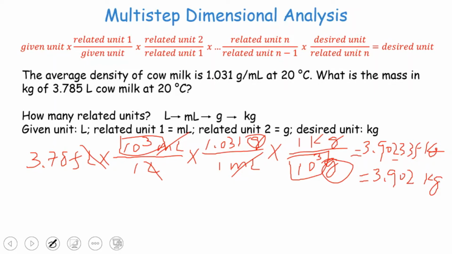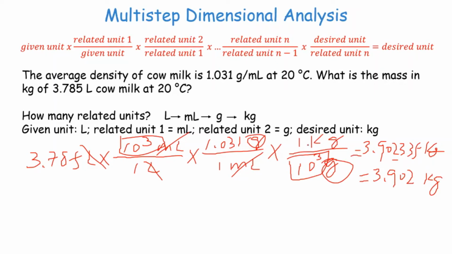You may ask me, Professor Frank, wait a second. What happened with the sig figs here, 1, and the sig figs here, 1? Okay, what are those? Those are definitions. 1 liter equals 1,000 milliliters.